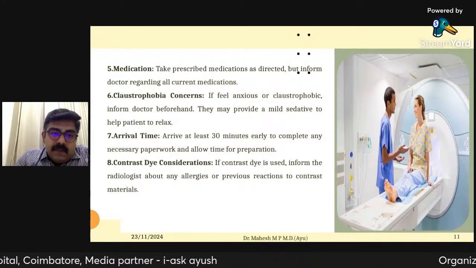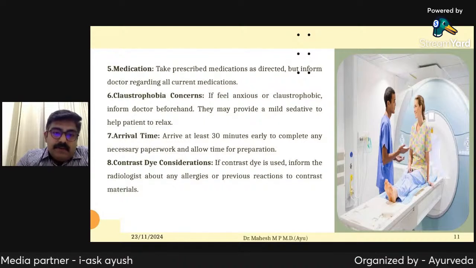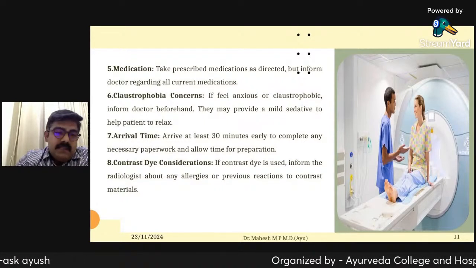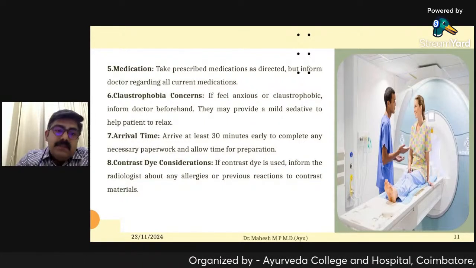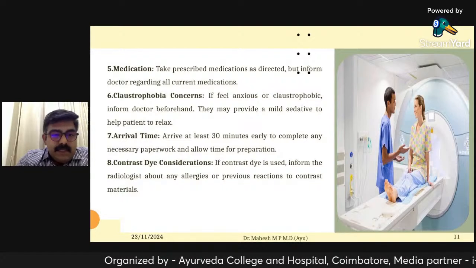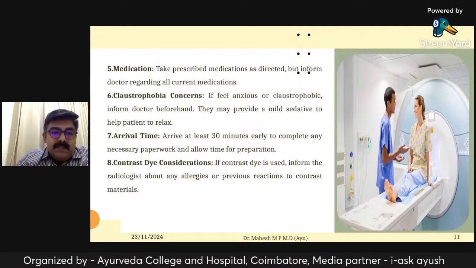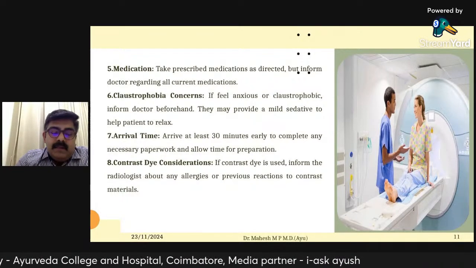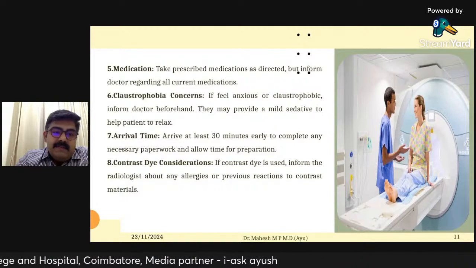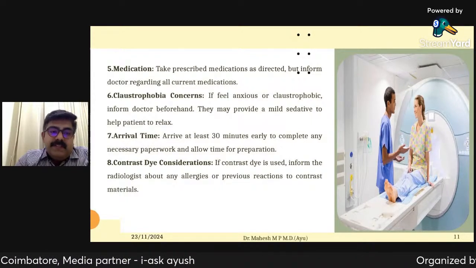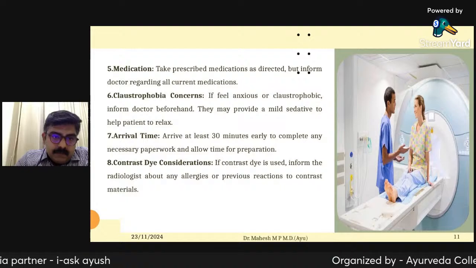If the person has claustrophobia or feels anxious, it is very important that the person or doctor be informed. They may provide some sedatives to help the patient relax.